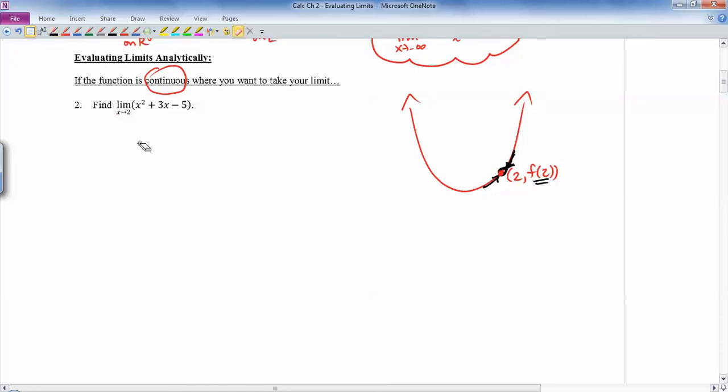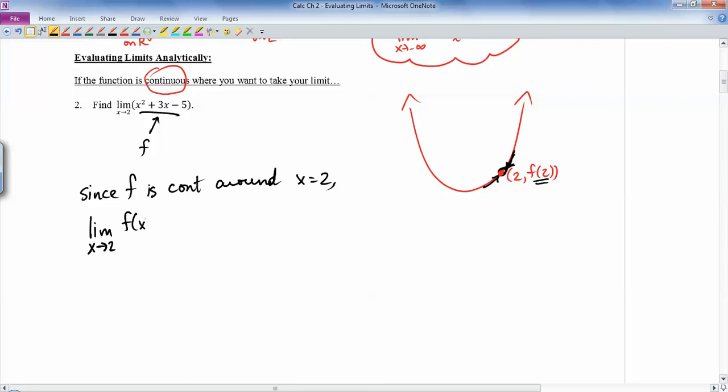So since the function's continuous, we'll call this function f. Since f is continuous around x equals 2, we can say that the limit as x gets really close to 2 of that function is just whatever f of 2 is.